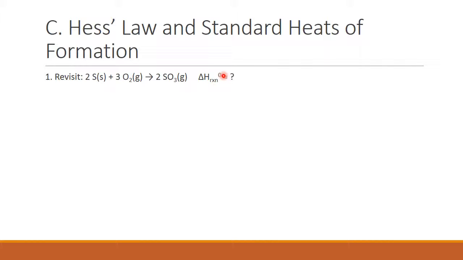Well, now I'm asking for a standard heat of reaction, meaning what if we did this reaction at 25 degrees Celsius, at 1 atmospheric pressure, what would the enthalpy change be there? Well, if we combine what we know about Hess's Law with what we just worked with those standard heats of formation, we can simply use those tables of heats of formation values to calculate this without having to do a whole bunch of equation manipulation.